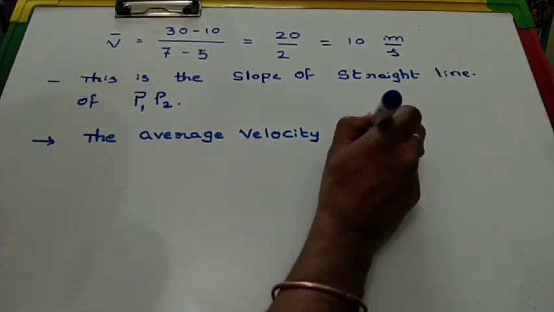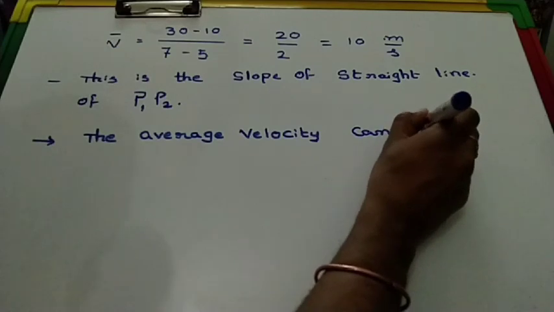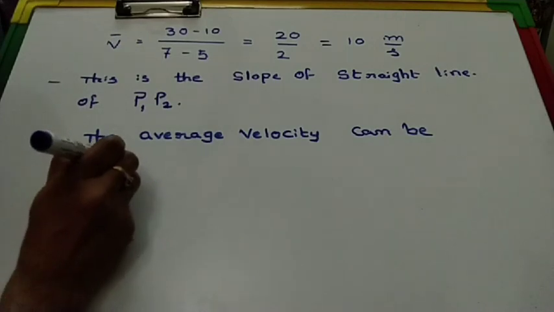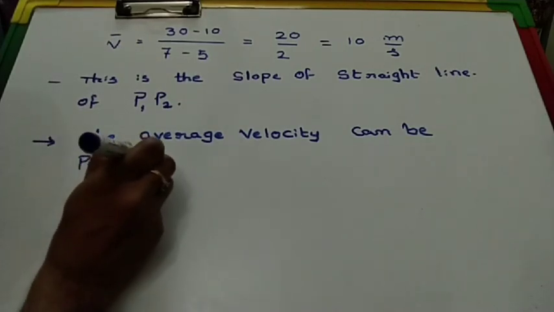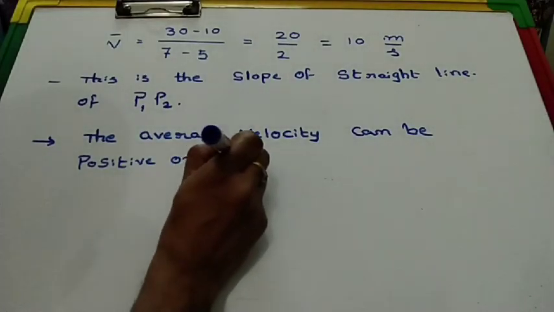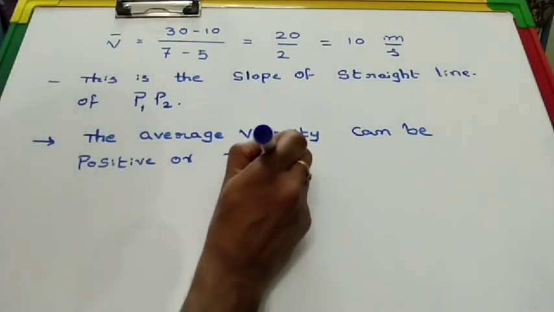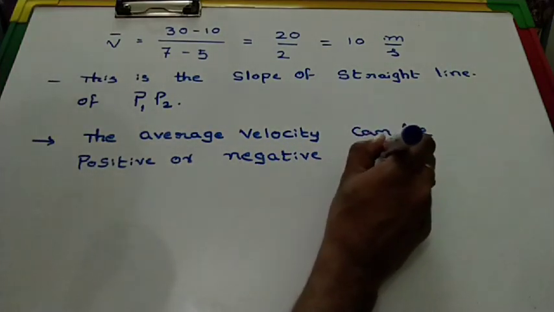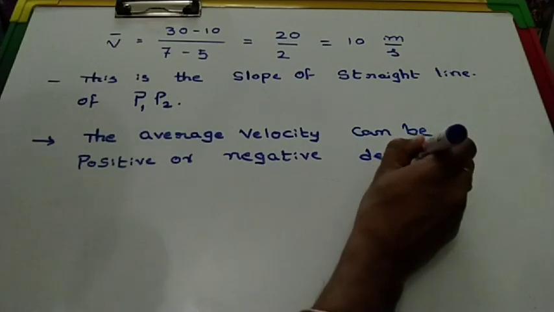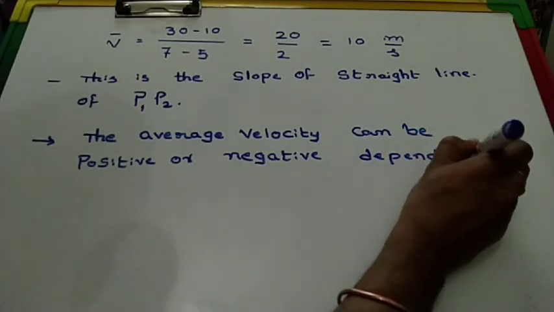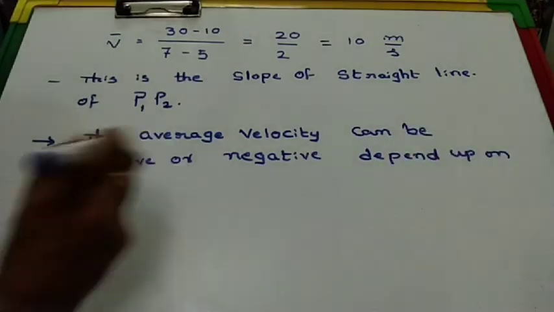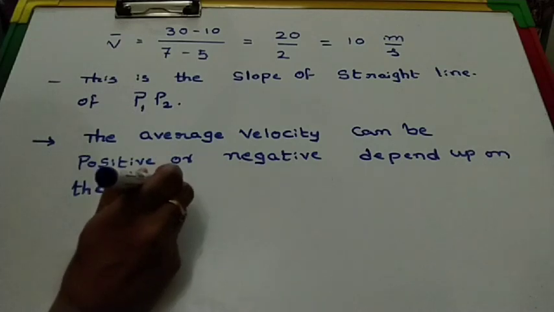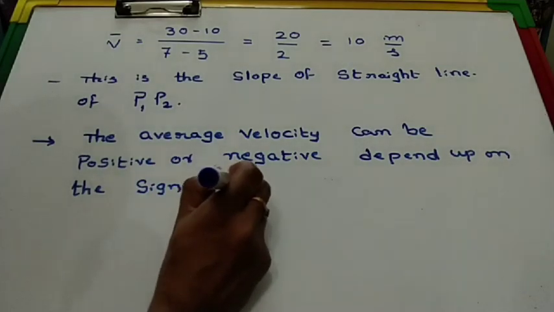Now, the average velocity can be positive or negative, depending upon the sign of the displacement.